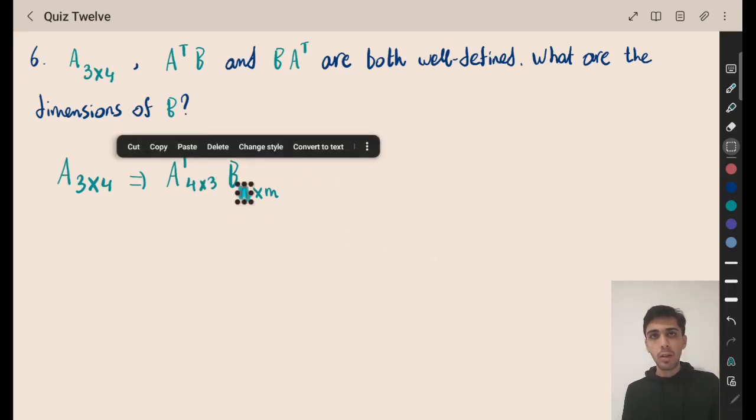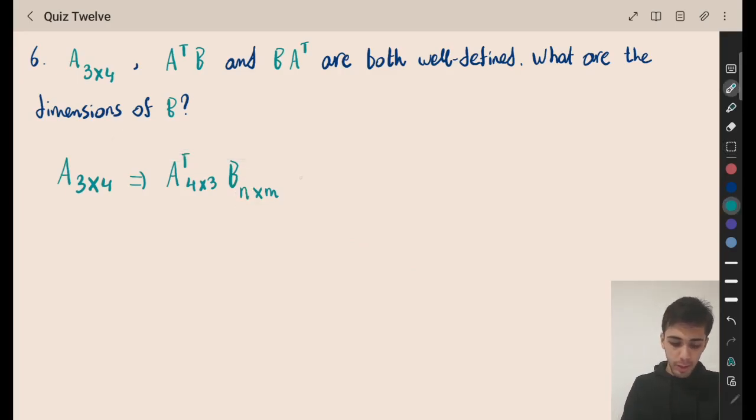I take in a 3-dimensional vector using the other map, and then I output something, which can be anything. So in order for this to be well defined, n needs to be equal to 3. Otherwise, my output here does not match the input that's in the next map, because we're composing maps by multiplying matrices.